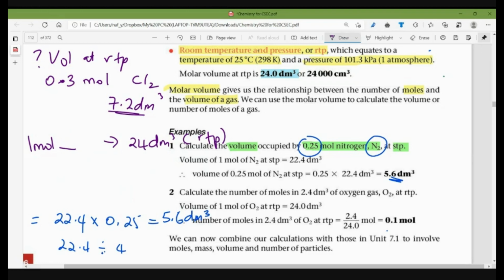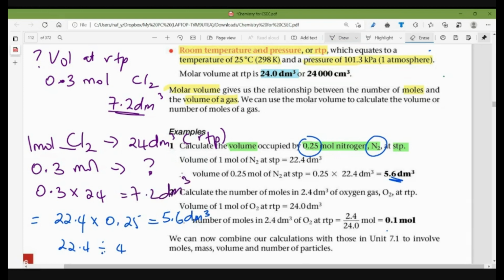Now, the gas that was given to us is chlorine. What we're trying to do is to find out how much 0.3 moles will occupy. So simply put, it's 0.3 times 24, and you get 7.2 dm cube.